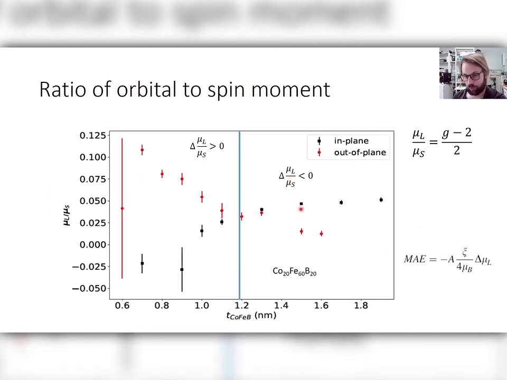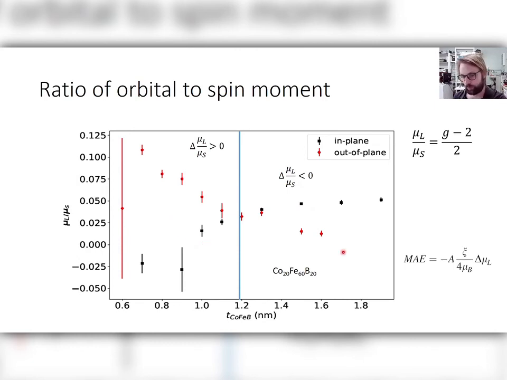So, going to cobalt iron boron, we can observe that the sign of delta μL versus μS changes at approximately the same position, but not exactly the same position, where the spin reorientation transition occurs. Here we have a negative sign of this ratio, and here we have a positive sign.